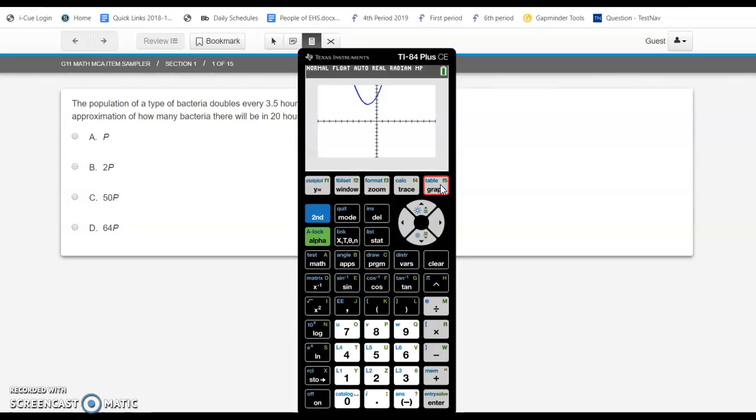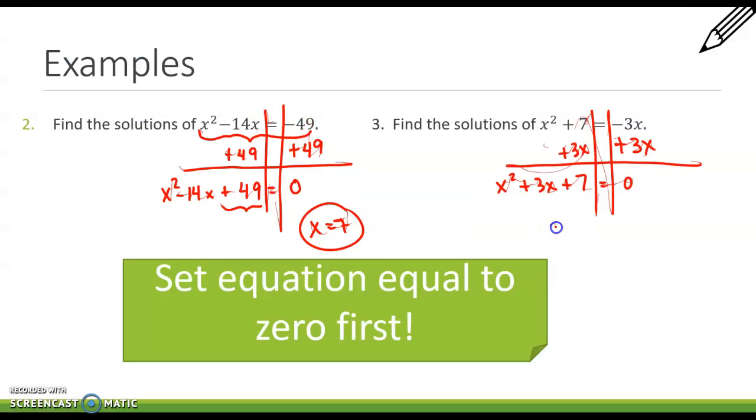And now this function is an upward-facing parabola, but the vertex is above the x-axis, so this one never crosses the x-axis. There is no solution to this because there's no x-coordinate that would make this equal to 0. So for some of these problems, you're going to have no solution. If you can't find a place where that crosses the x-axis, then you have no solution.